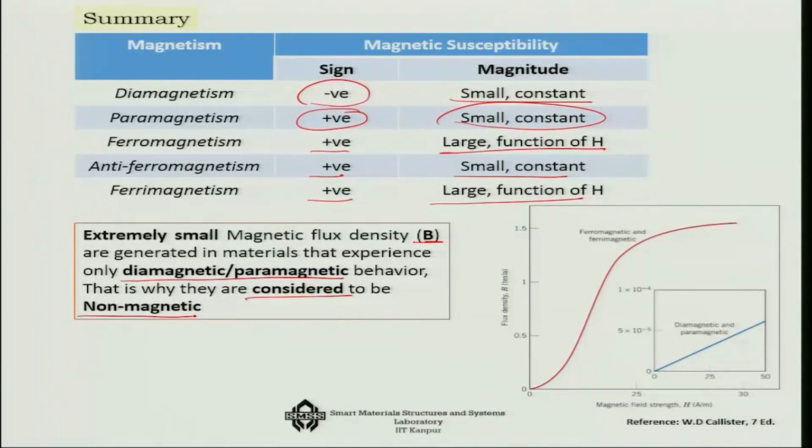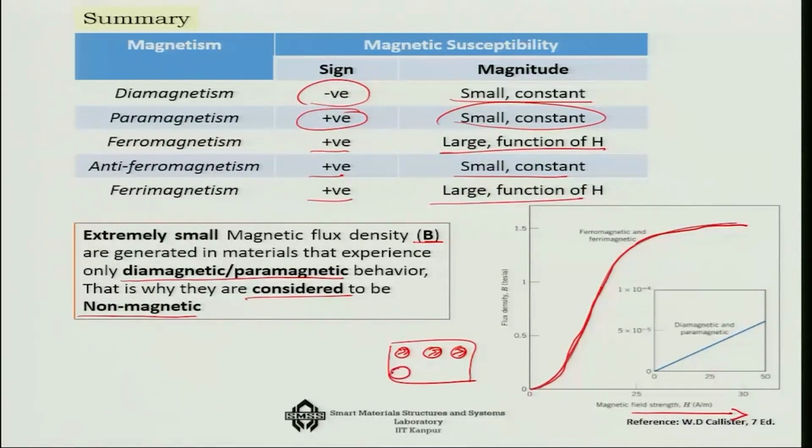So, for a ferromagnetic material, how does it behave? How does the magnetic flux density change with respect to the magnetic field strength H? This is a typical H versus B curve, as you can see here. Initially B is increasing at a very fast rate and then saturation happens. Essentially, in a unit volume you have all these dipoles.